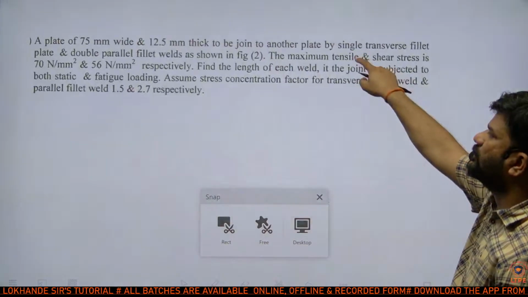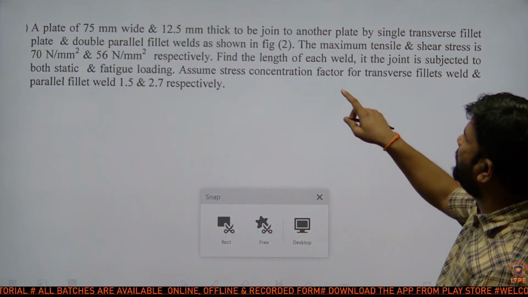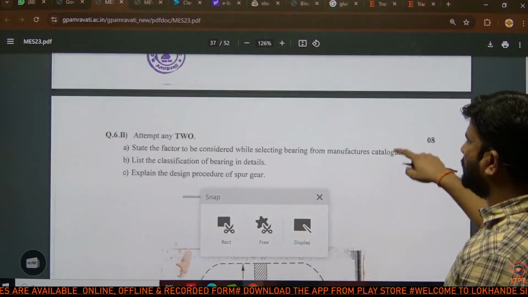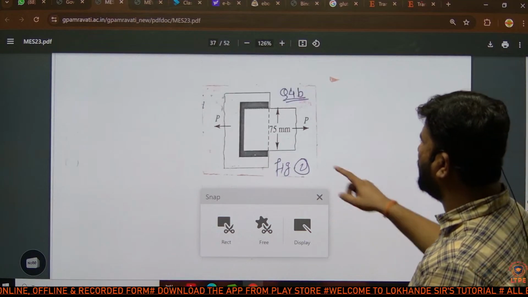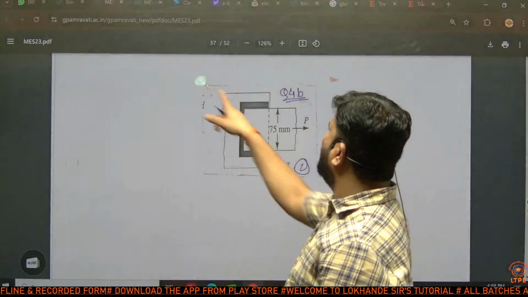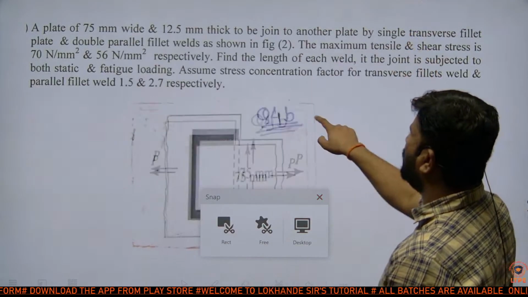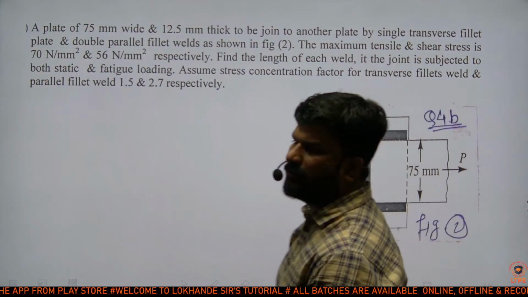666. So this is figure number 2. This question is available in figure number 2. This is figure number 2, already solved by us. Yes, this example is already solved by us. Yes or no? Single transverse and double.